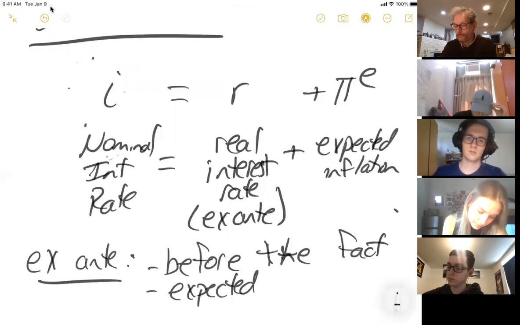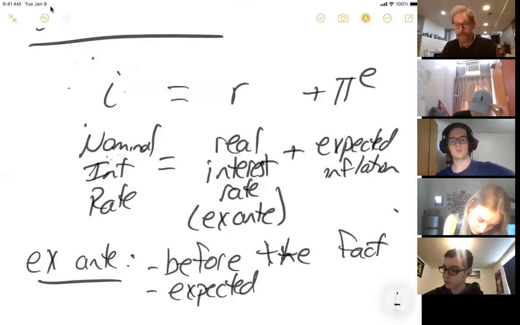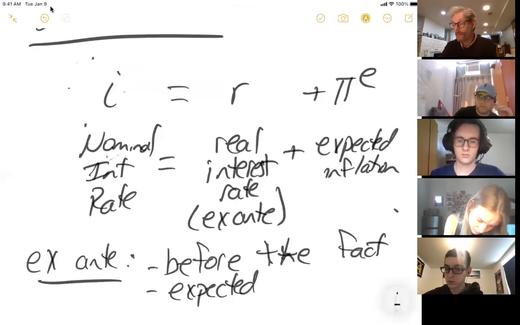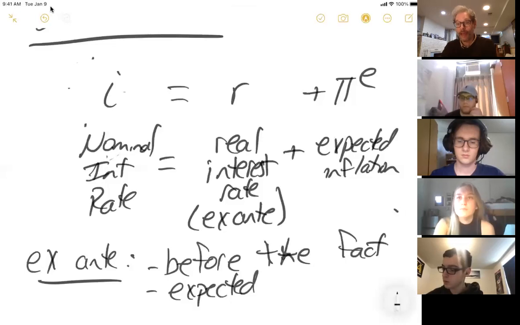So when people lend each other money, they are taking a risk. And of course, one of the risks is that that person won't pay you back. But another risk is that inflation could change, and inflation could eat away at some of the real purchasing power of the money that you get back in the future.